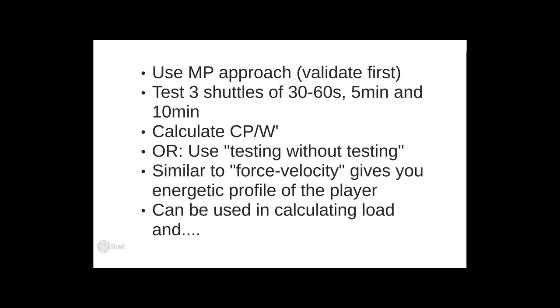In this case, we can use 3 shuttle tests, and since we are able to calculate the metabolic power, not only speed, we get the real load that the athlete is performing, and we create a critical power and velocity profile of the player. So we can use again 3 tests, maybe from 30 to 60 seconds, 5 minutes, and 10 minutes, and using a simple formula, we can calculate critical power and W prime.